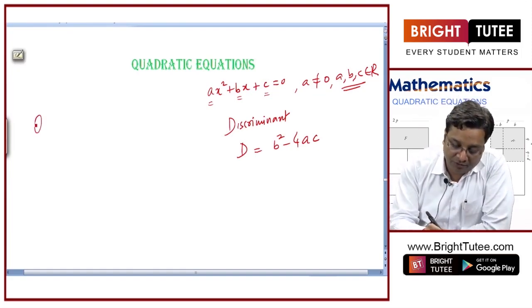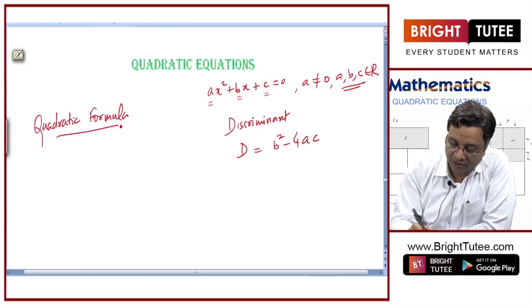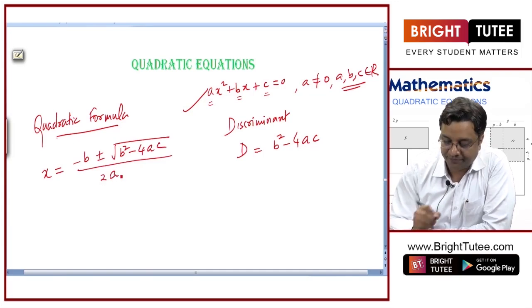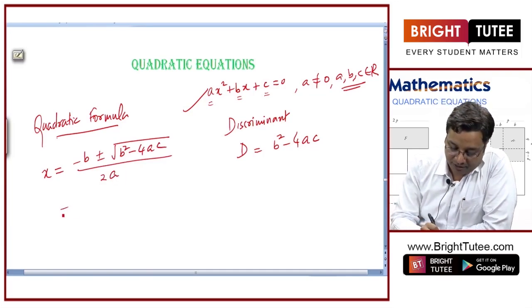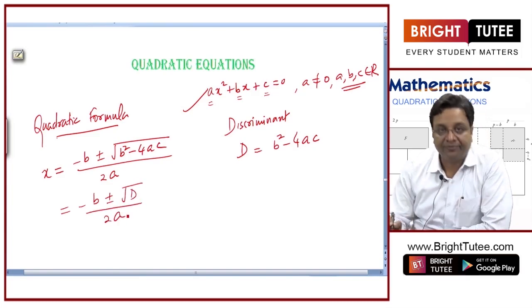And what was the quadratic formula? The quadratic formula for this standard equation was x equal to minus b plus minus root of b square minus 4ac divided by 2a. Then we wrote it as minus b plus minus root d divided by 2a.